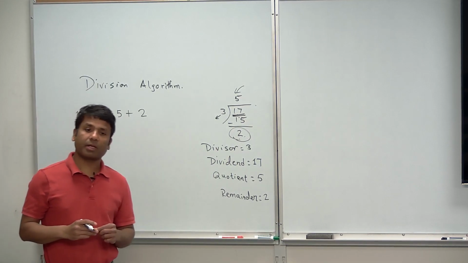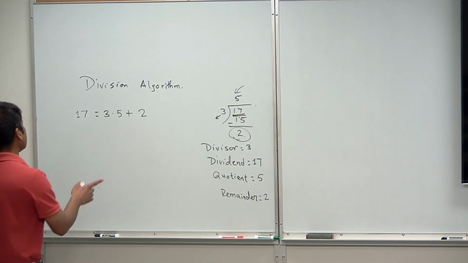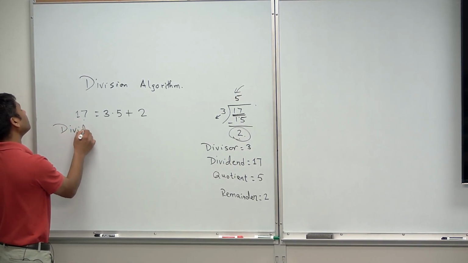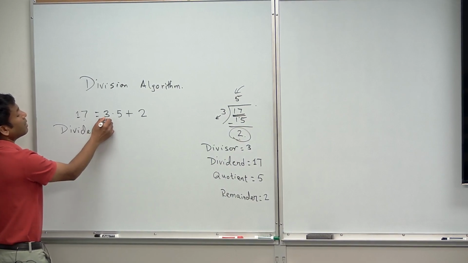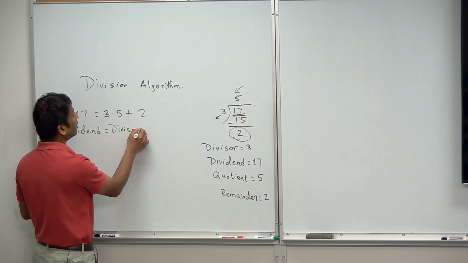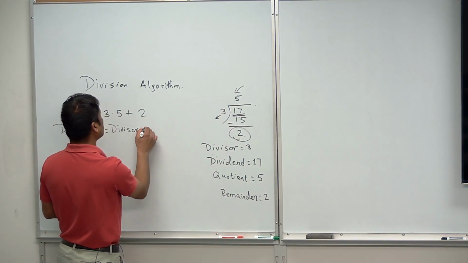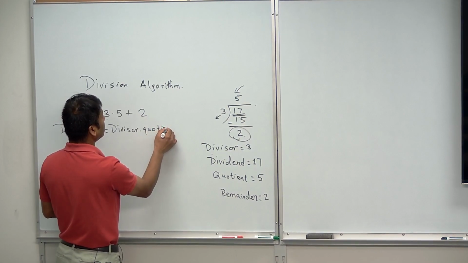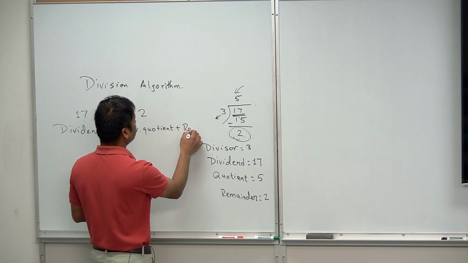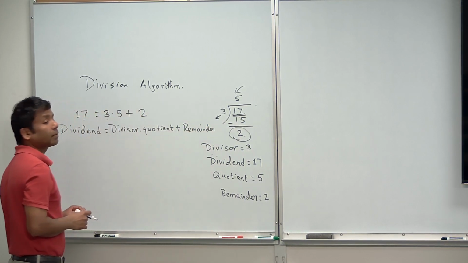That makes sense, because 3 times 5 is 15, and 15 plus 2 is 17. 17 is the dividend, 3 is the divisor, 5 is the quotient, plus 2, the remainder.